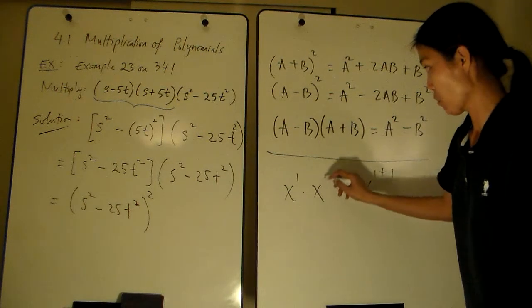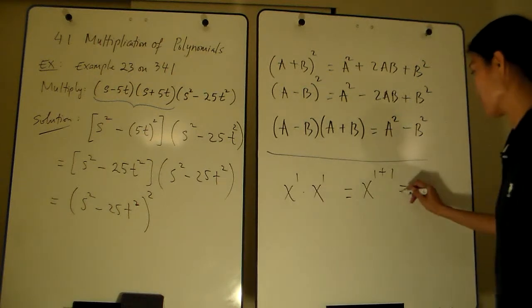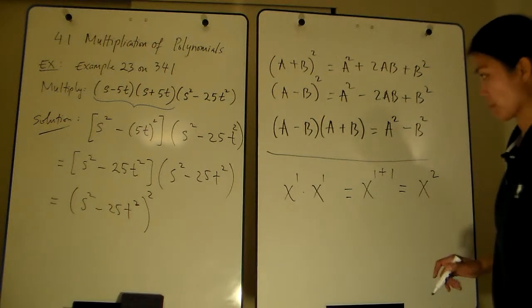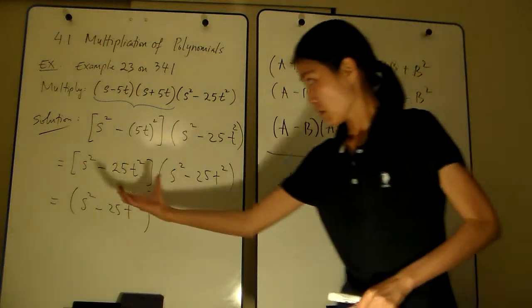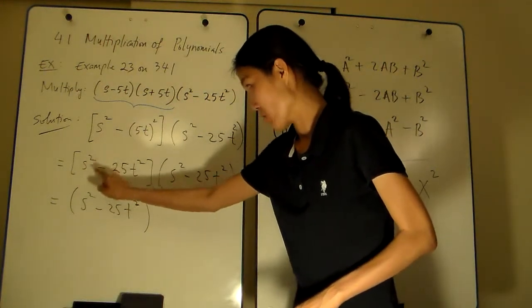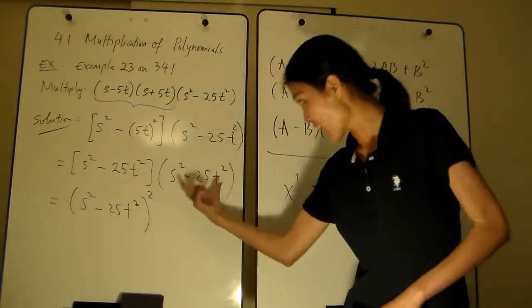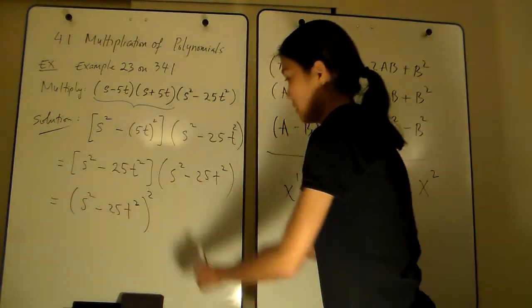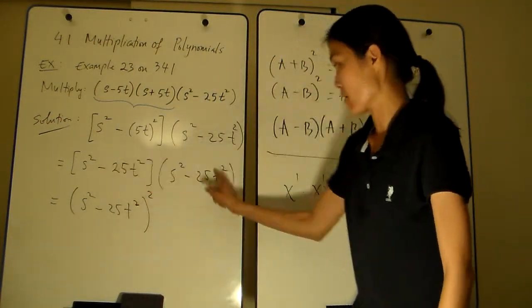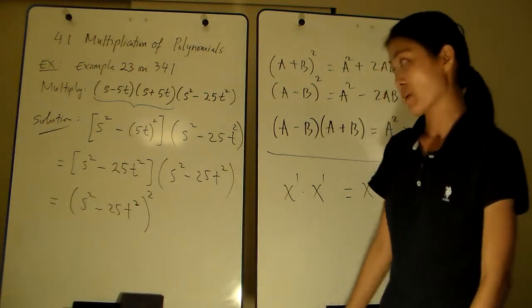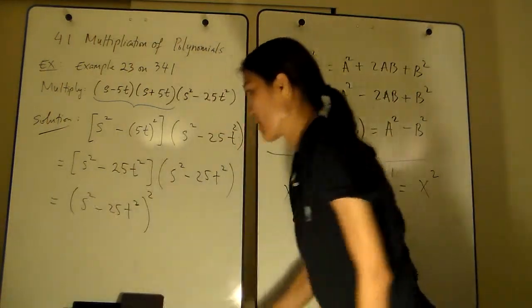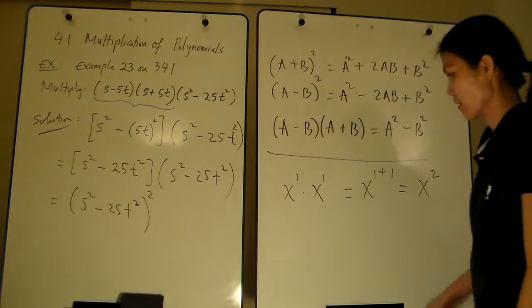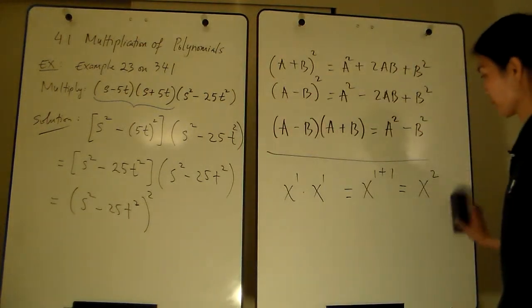You take the exponent here plus the exponent here, you have x squared. Exactly the same, s squared minus 25t squared. You can treat the whole thing as x. X times x is x squared. That's why we have the inside squared.